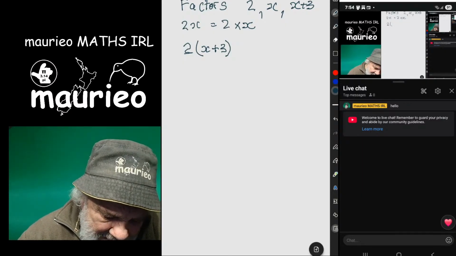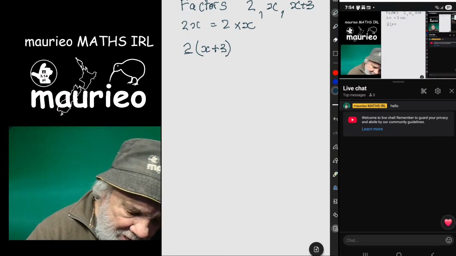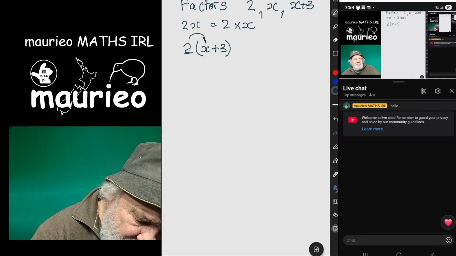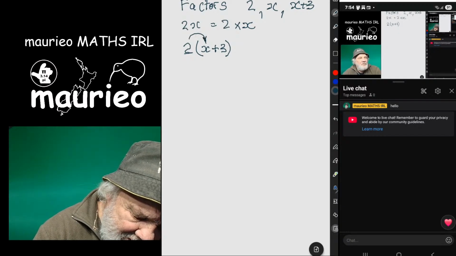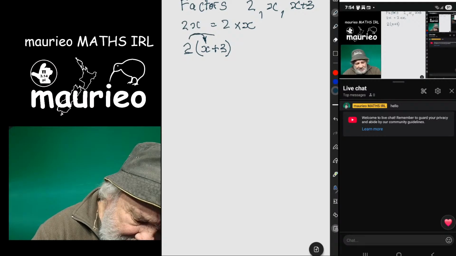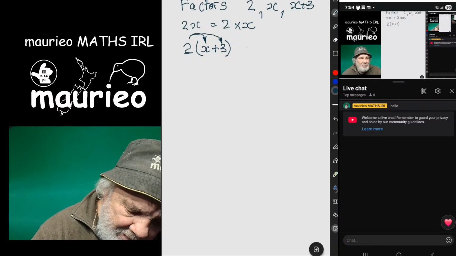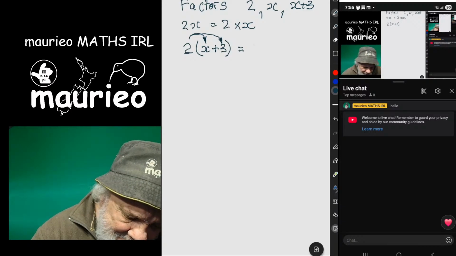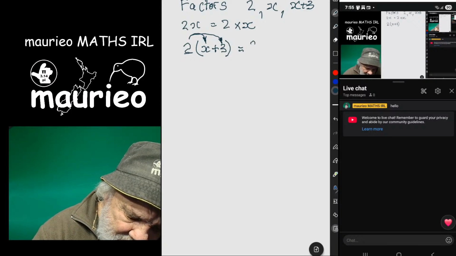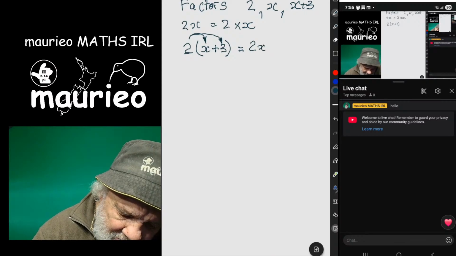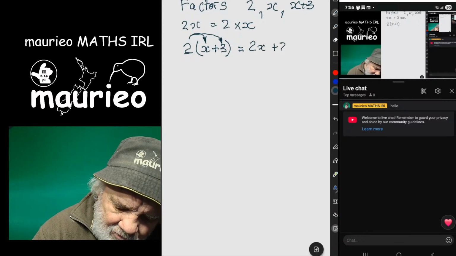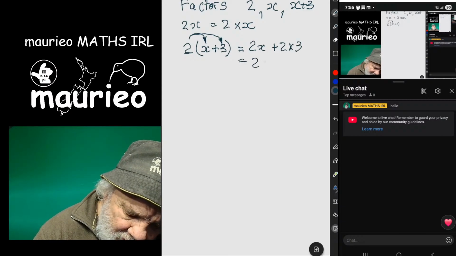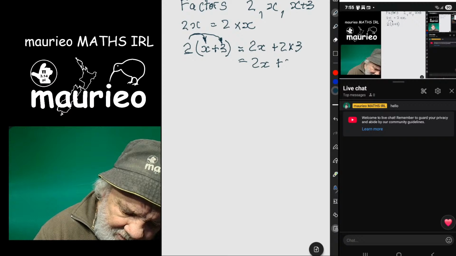Well, what it means is 2 times x plus 2 times 3. So 2x plus 2 times 3, which equals 2x plus 6.